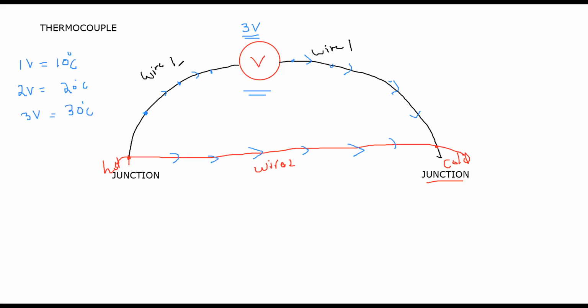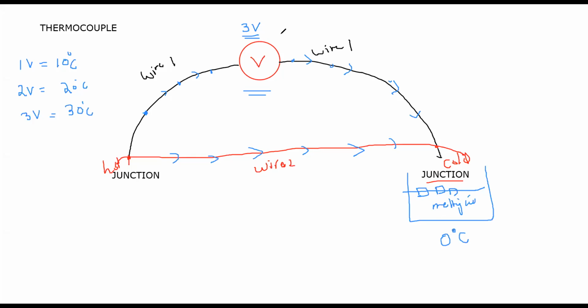So how can you identify the temperature of the hot junction? We normally place the cold junction in melting ice. What is the temperature of the melting ice? The temperature of the melting ice is 0.